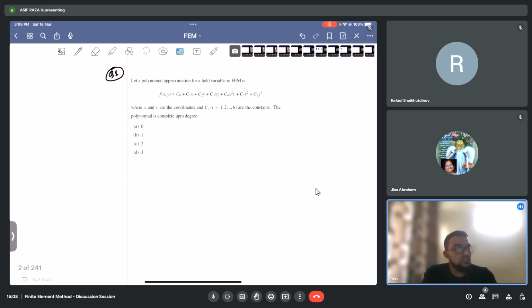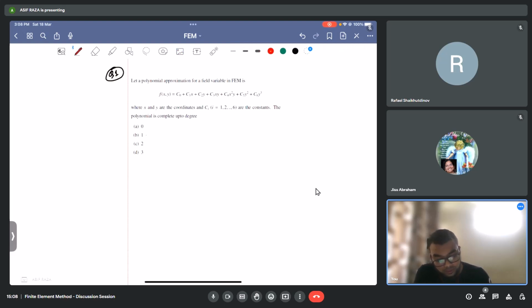So the first question is, let a polynomial approximation of a field variable in FEM be given by f(x,y) equal to c0 plus c1x plus c2y plus c3xy plus c4x square y plus c5y square plus c6y cube, where x and y are the coordinates and ci are constants.